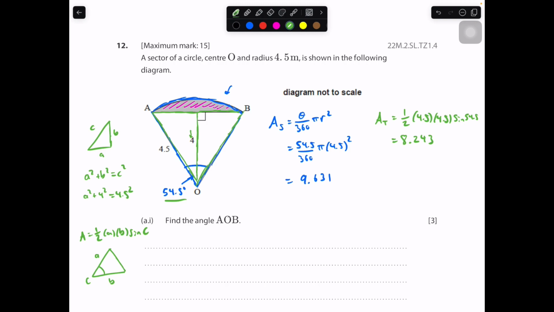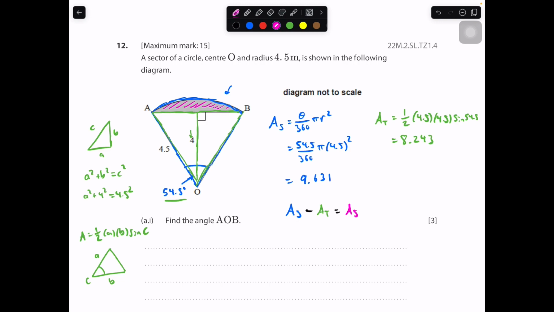Alright, so if we have the area of the sector and we subtract the area of this triangle, let's write that out. Area of the sector minus the area of the triangle, we should have the area of the shaded region.